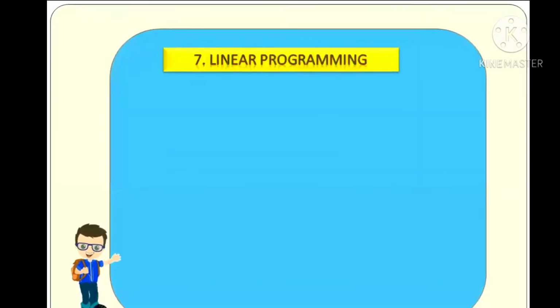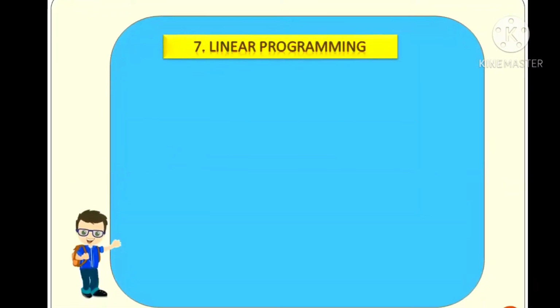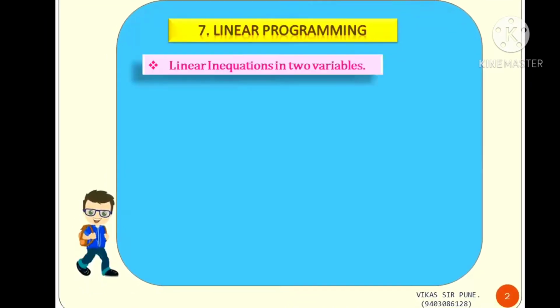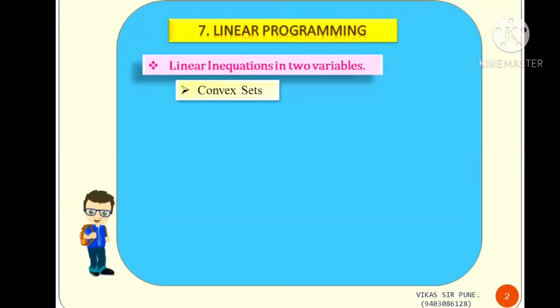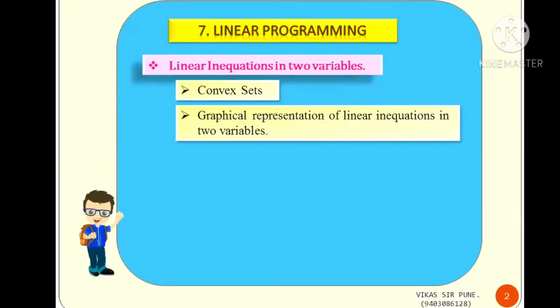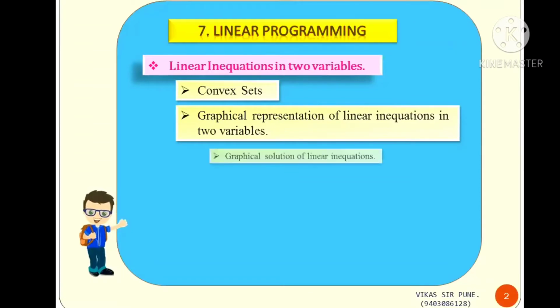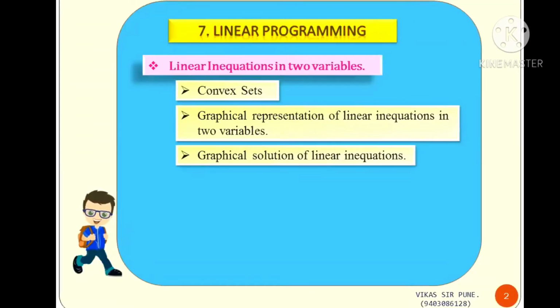This lesson consists of the following subunits: linear inequations in two variables, then convex sets. Next part, graphical representation of linear inequations in two variables. Next, graphical solution of linear inequations.